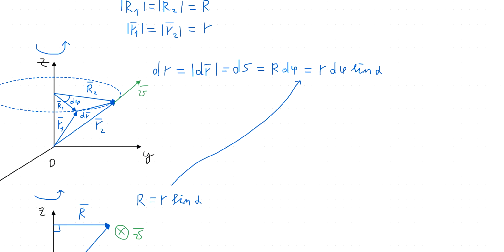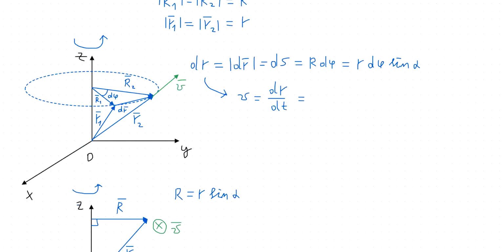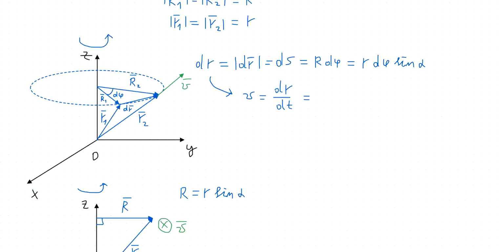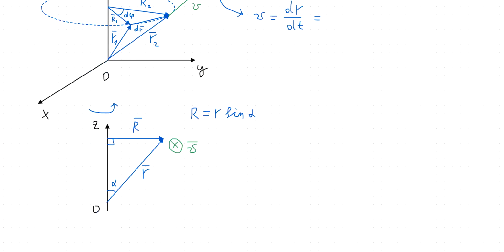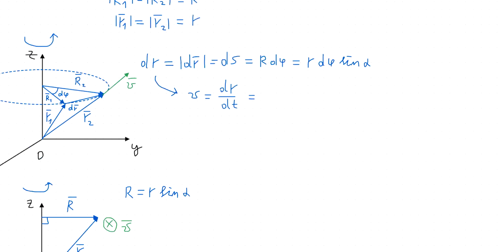We know from the previous week that the absolute value of velocity v is equal to the derivative dr divided by dt, and as we can notice from this picture, r and sine alpha are constants, and the same is true for small r.